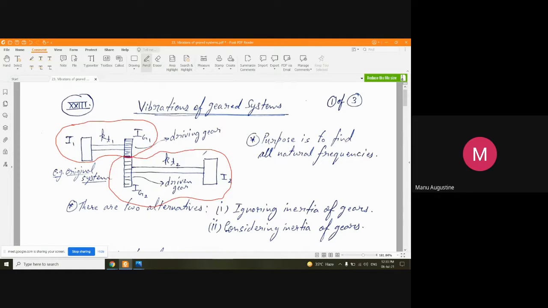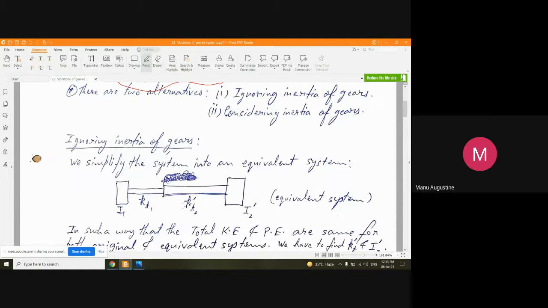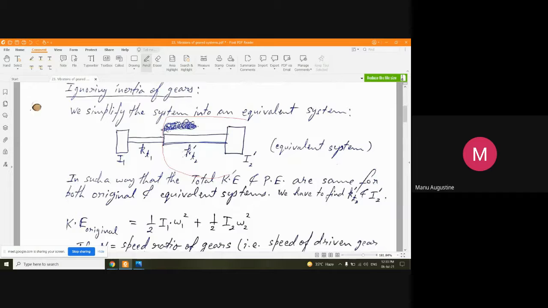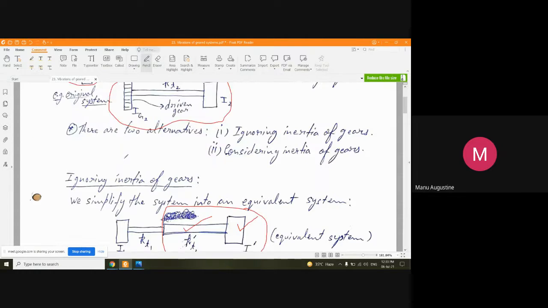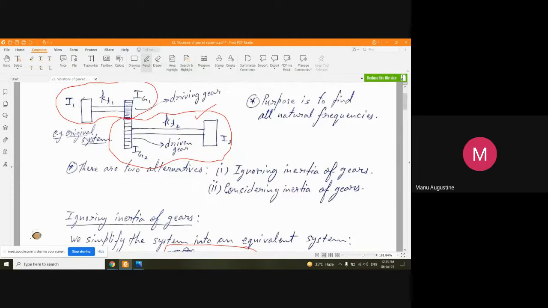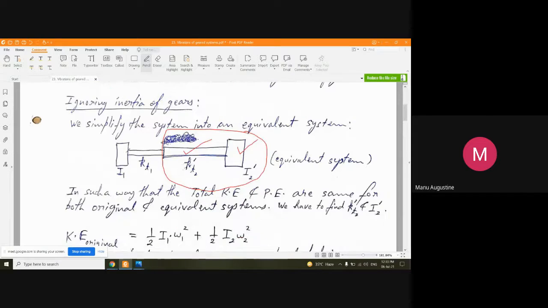So you are going to select the entire driven side and convert it into an equivalent mechanism like this. That means you are going to put an equivalent inertia element here and an equivalent shaft here. In the driving side, the inertia element, that is the disc, and the shaft are the same as in the equivalent system.